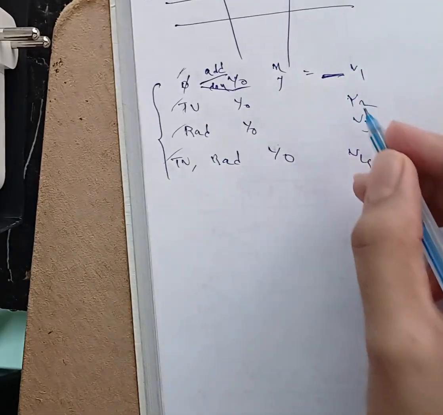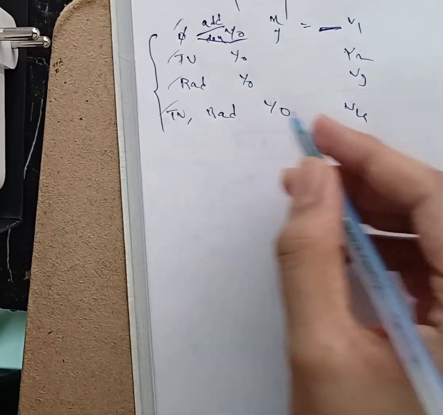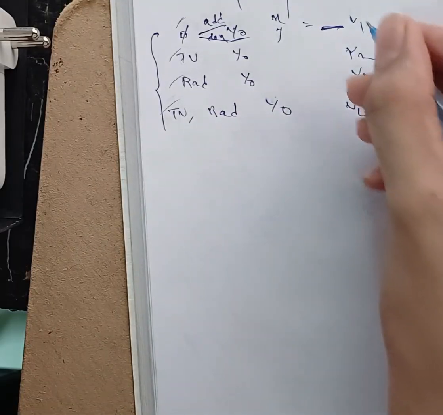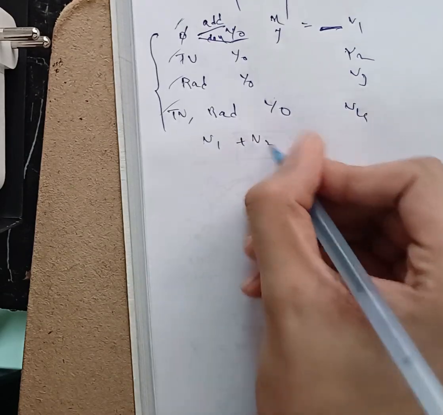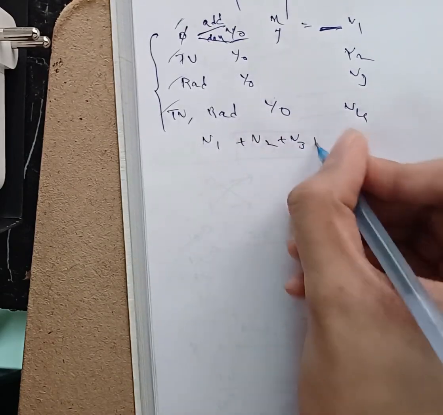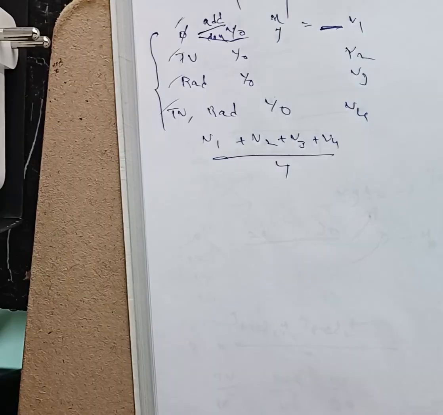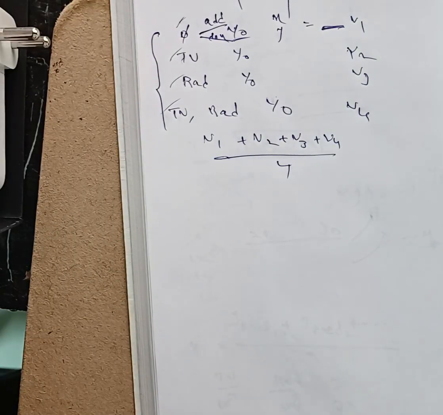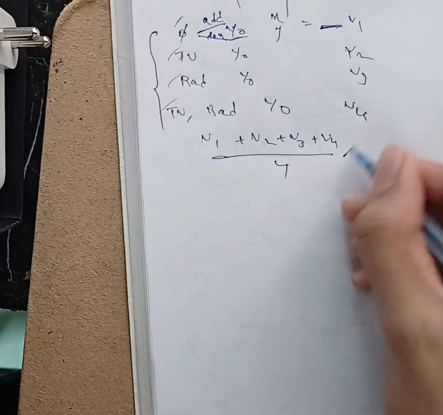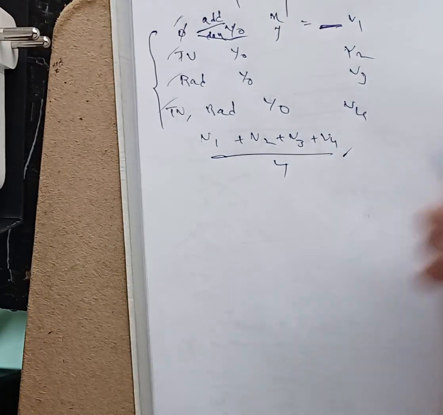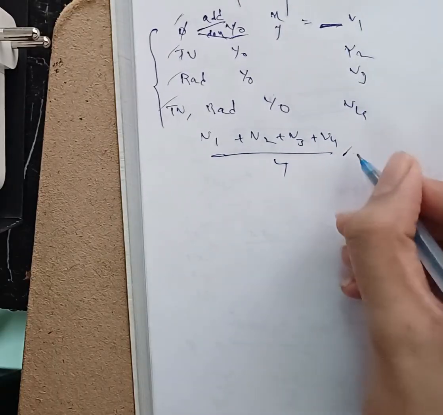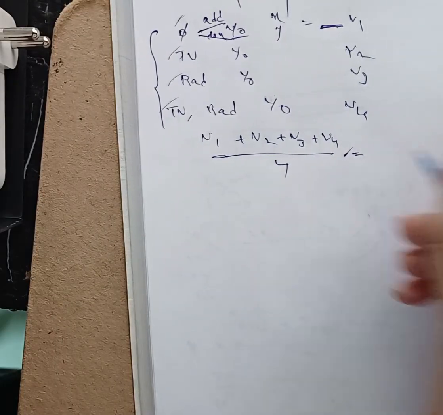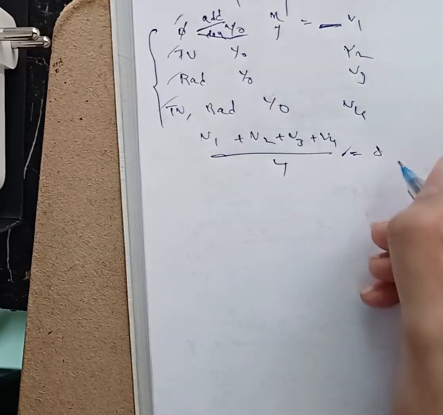Now what do we do? Our normal thought is we can just add all these values: v1 plus v2 plus v3 plus v4, divided by 4. Basically we can just average all these values. Let's say if we average all these values we get some value, SHAP final.